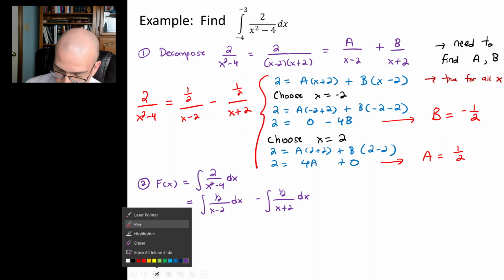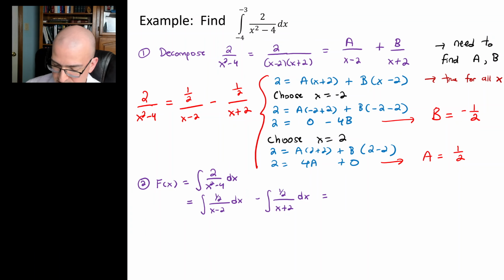For this first integral, I'm going to do another step. I'm going to take the 1/2 and put it out front: 1/2 integral of 1 over x minus 2, minus 1/2 integral of 1 over x plus 2.